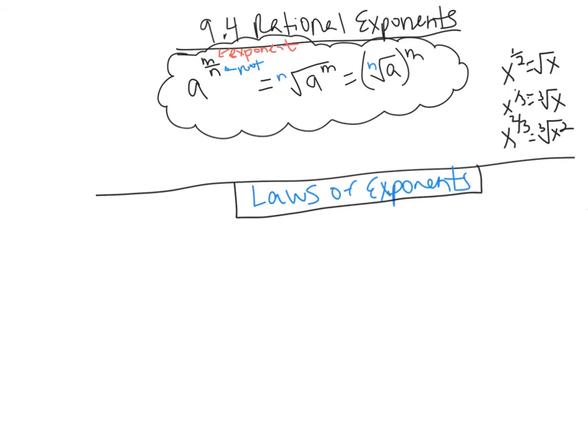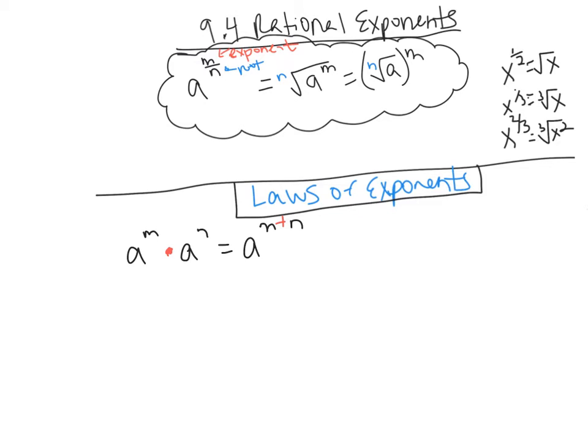Let's say I have some number raised to an exponent, and I'm going to multiply by that same base raised to a different exponent. When I have two bases and two exponents and I'm multiplying, since I have the same base, and you can only do this if you have the same base, you can keep the same base and add those exponents.